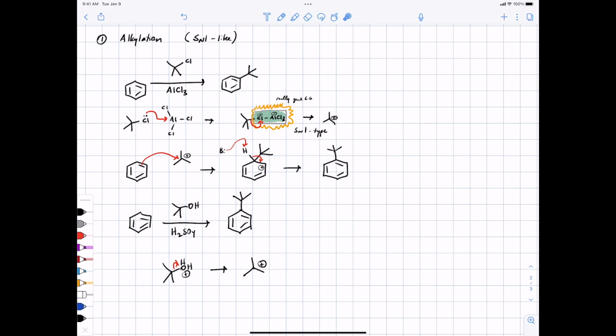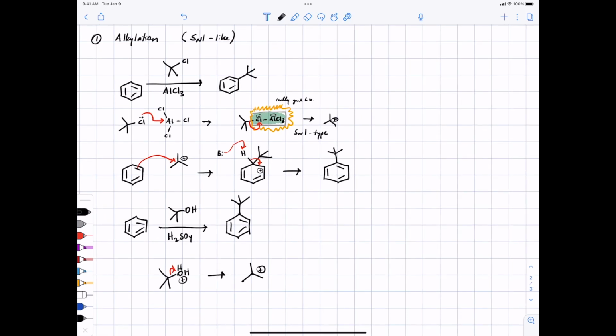Now, there's a whole rabbit hole that your text at least used to take you down related to the fact that you could get rearrangement products. I'm not going to ask you to predict rearranged products for the Friedel-Crafts reaction.